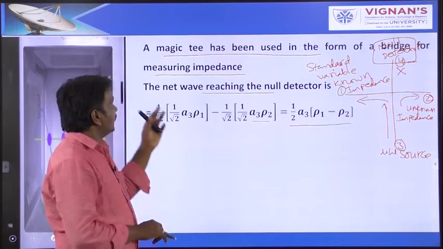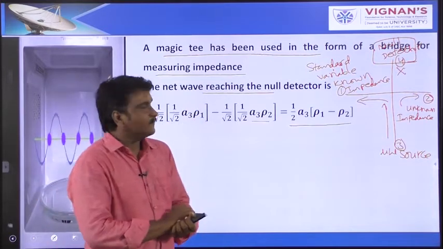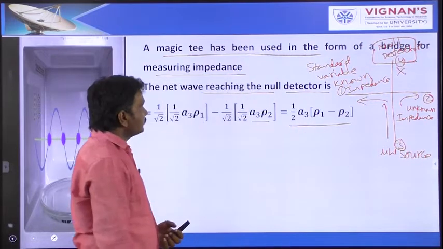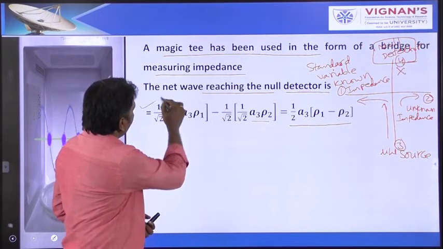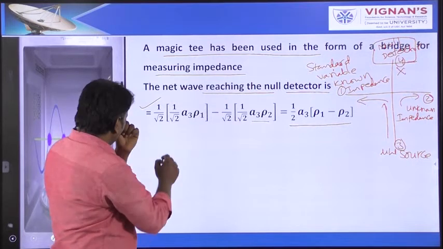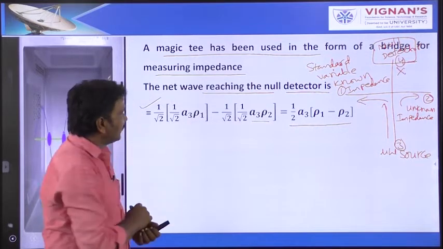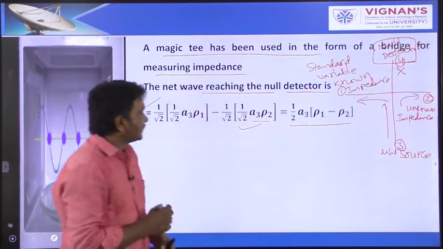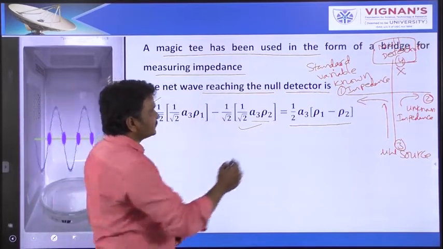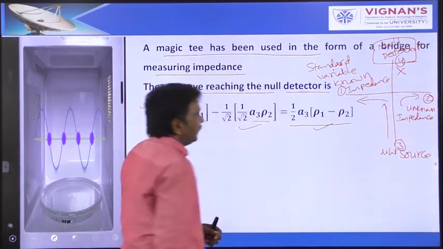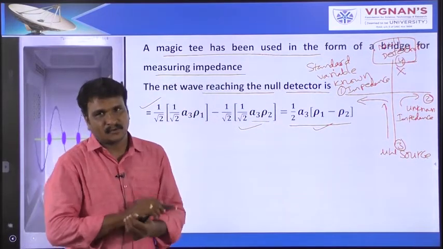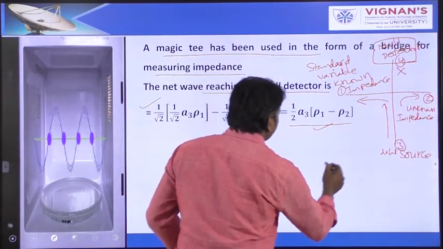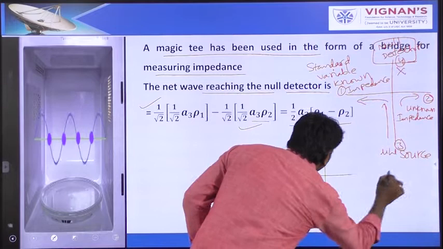See, the net wave reaching the null detector is 1 by root 2 into A3 rho 1 minus 1 by root 2 into 1 by root 2 A3 rho 2, that is equals to 1 by 2 A3 (rho 1 minus rho 2). Okay, how this exists, we'll see here.